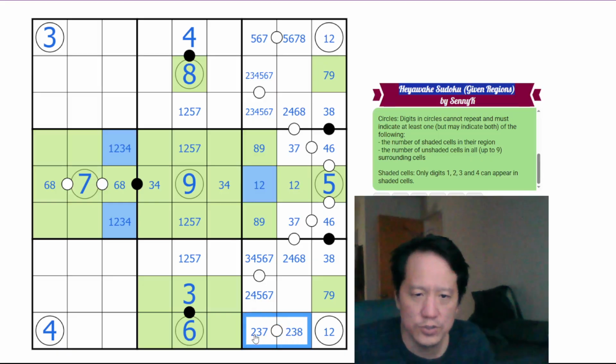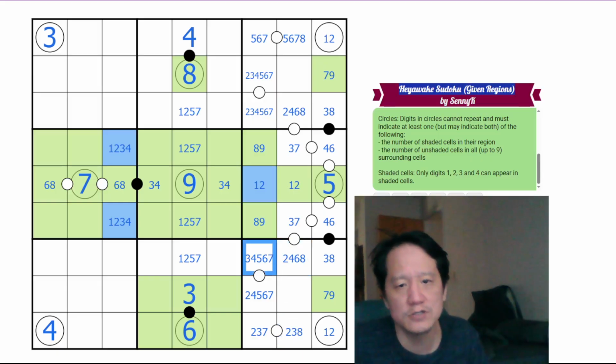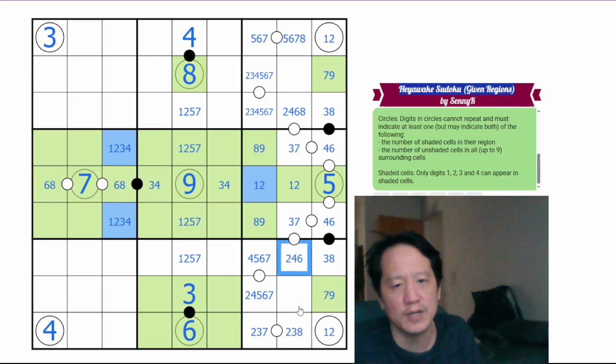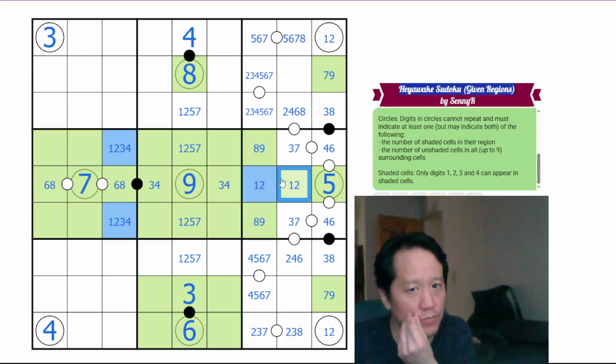So this is either 2, 3, or it's 7, 8 here. So this contains a 3 or 8, and this is 3 or 8, which eliminates 3 and 8 in the rest of the box. So this cannot be 3, this cannot be 8, which means to be consecutive here, you can't have 2, because 2 would have to force a 3 there because it can't be 1.